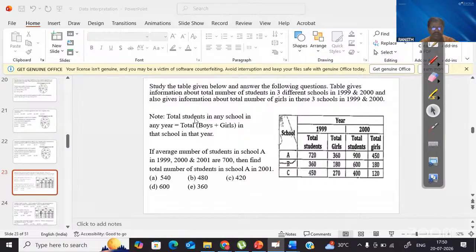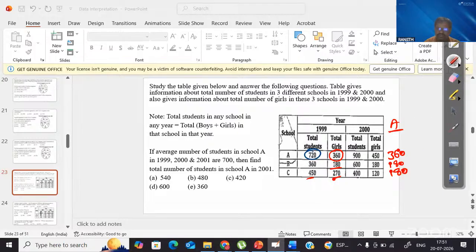So if you just look at the data here, first of all, total number of students equal to 720. If girls equal to 360, where A, I'm writing A 1999, girls will be equal to 360. And here also half of the value, 180. Here also 9 fives are, and the difference is 180.